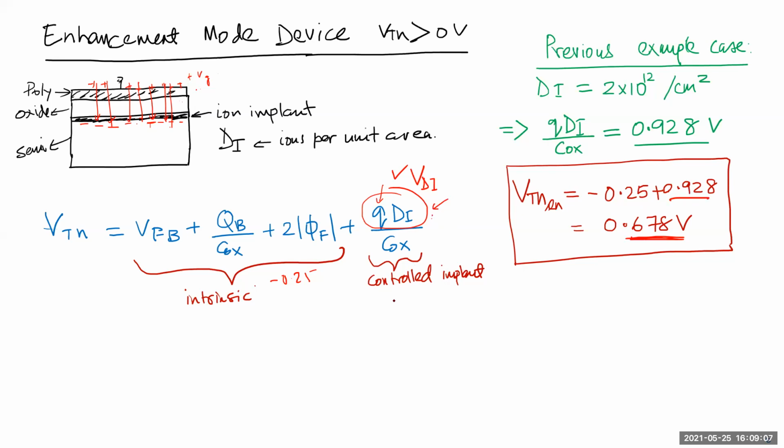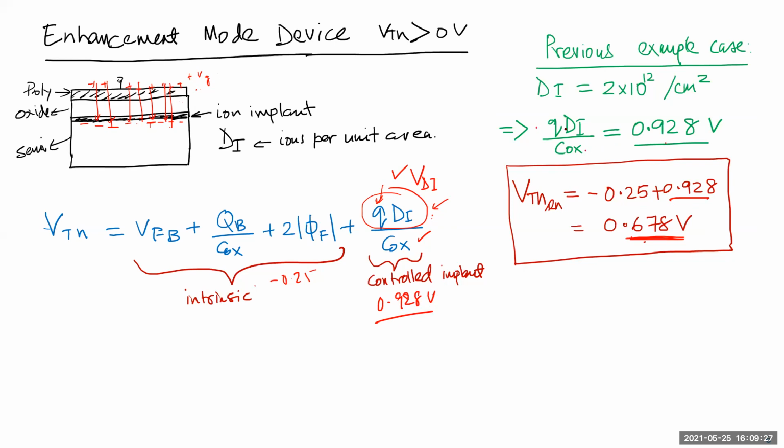So this whole term should be about 0.928 volts. Okay. If I do that, then I'll get this number. To get that, I know Cox, I know the value of the charge of an electron. So if the charge of the ions was equal to the charge of an electron or a positron, I equate this. So I need 0.25.